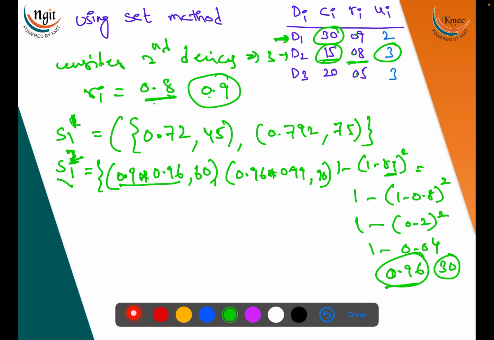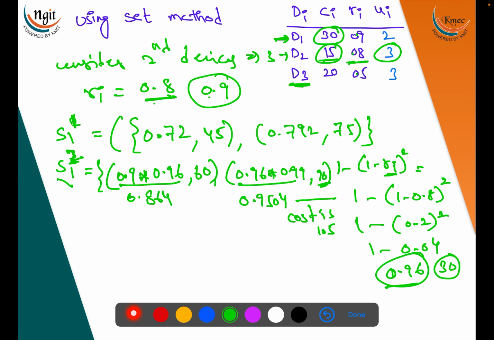So this value is 0.864 and this value is 0.9504. We got 90, which means the cost I can utilize is 105, but here I already hit 90 and we have one more device to buy.